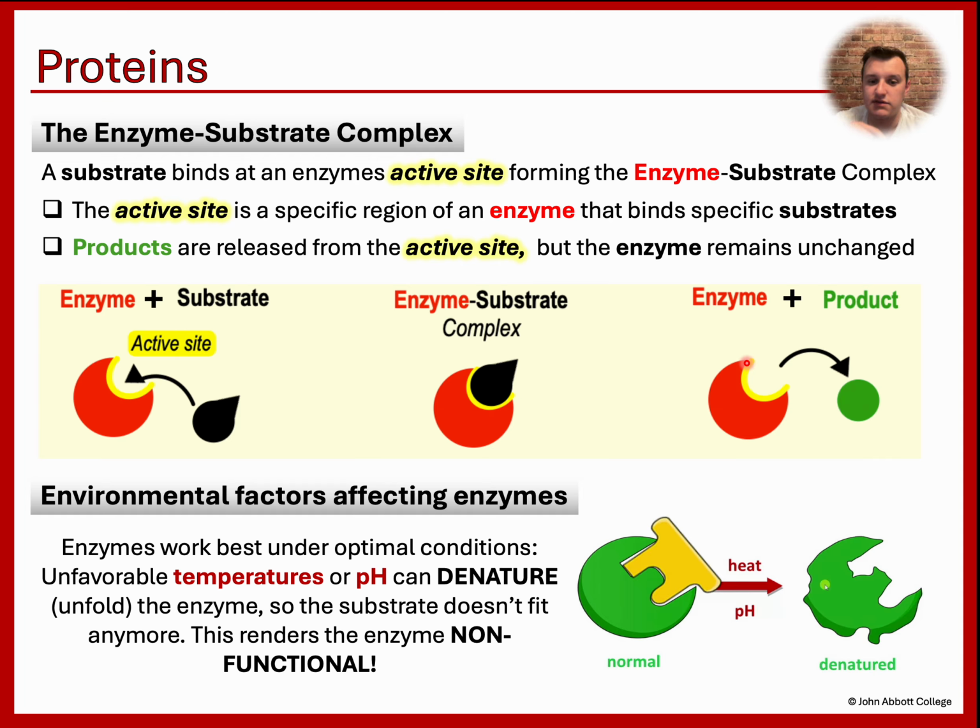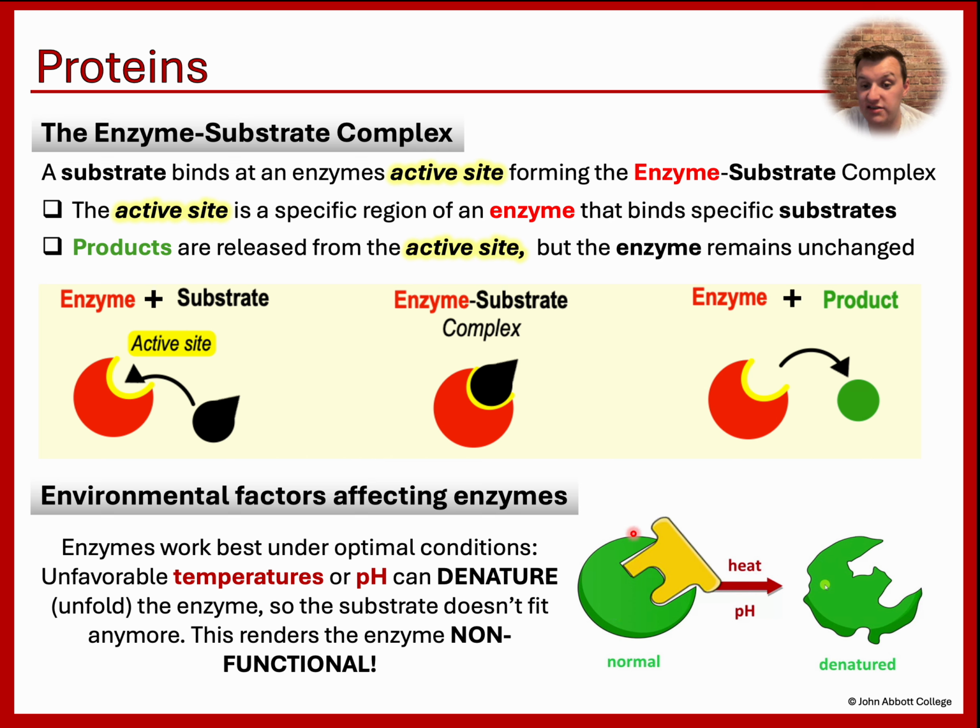Environmental factors affecting enzymes. Enzymes work best under certain conditions. I told you, enzymes are proteins. Proteins can denature. How can they denature? If there are unfavorable temperatures or pH, right, that can denature the protein.